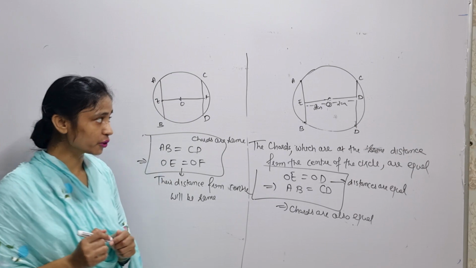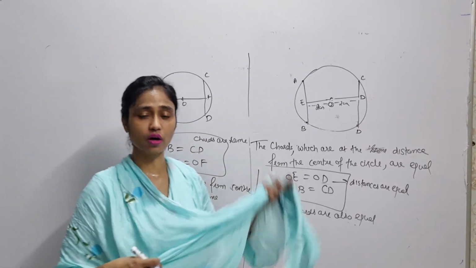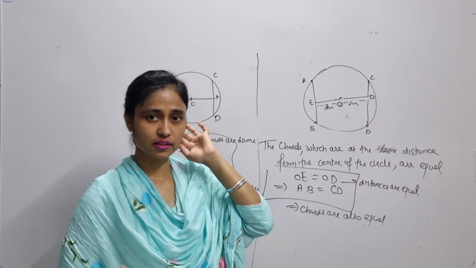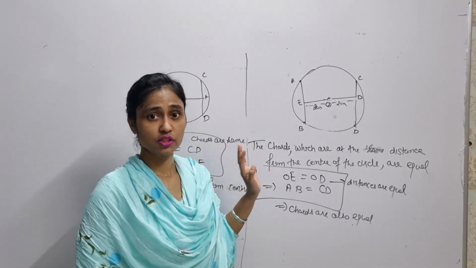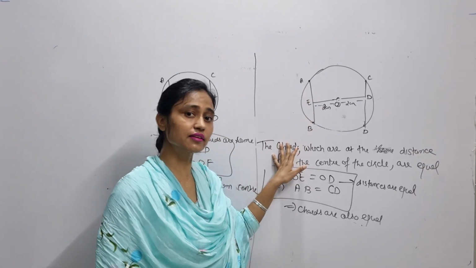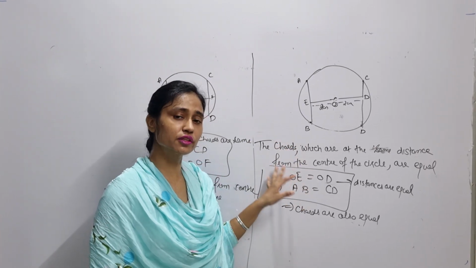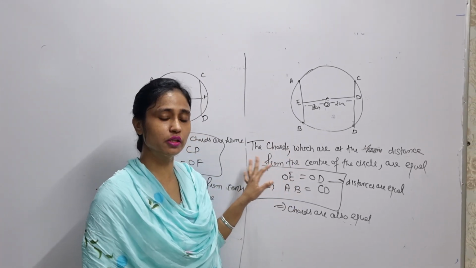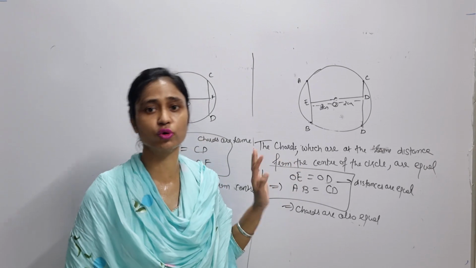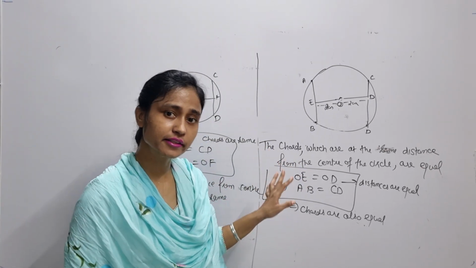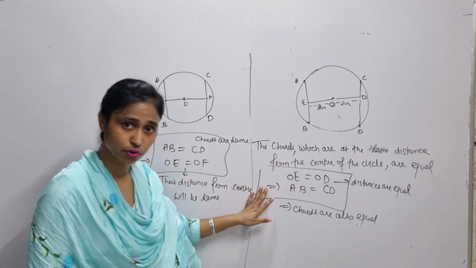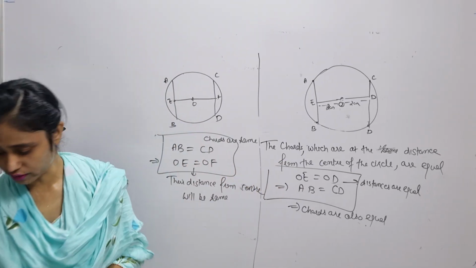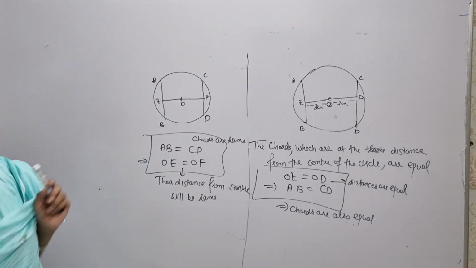This is a very important result. When we solve sums on the circle, we will use these two conditions a number of times. These conditions are very helpful for solving sums related to circles. Okay, I hope this is clear to you. So one more result that is very important.